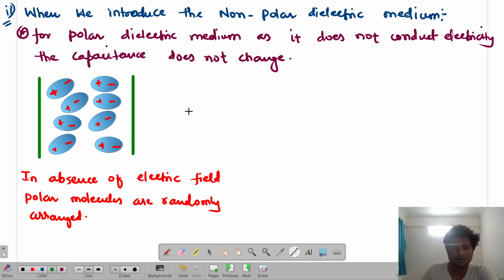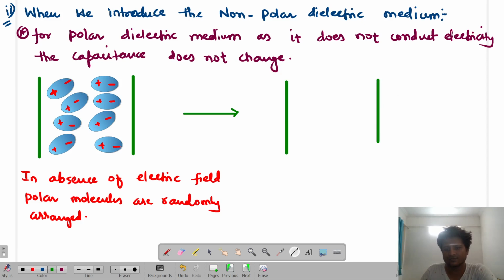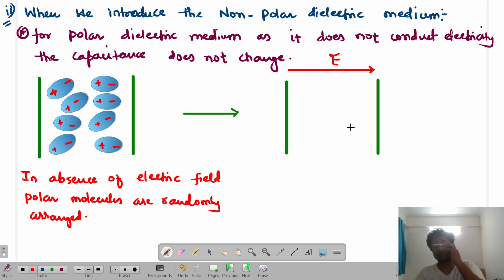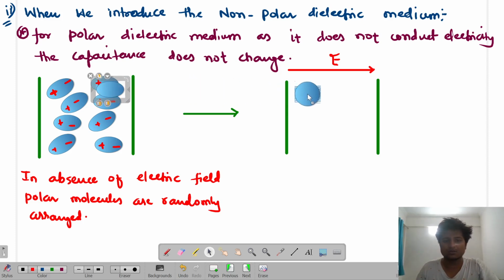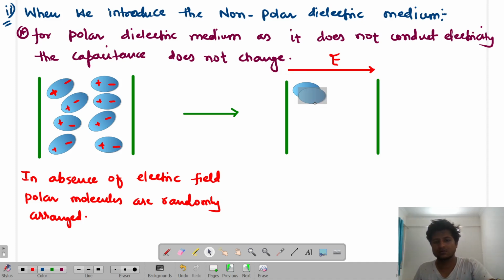Is that clear? So now, what if I bring in the electricity, meaning an external electric field, in the presence of these polar molecules? What will happen? Look over here, they will start arranging themselves.